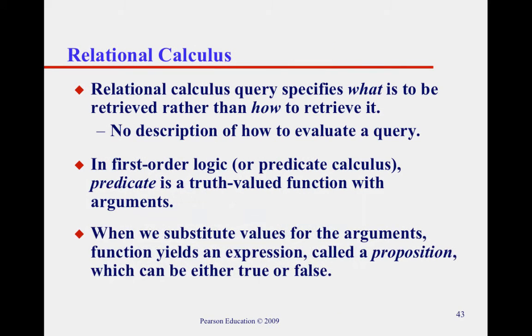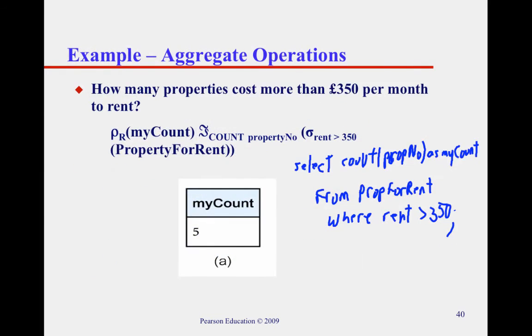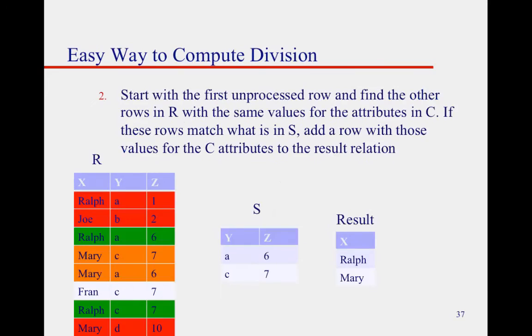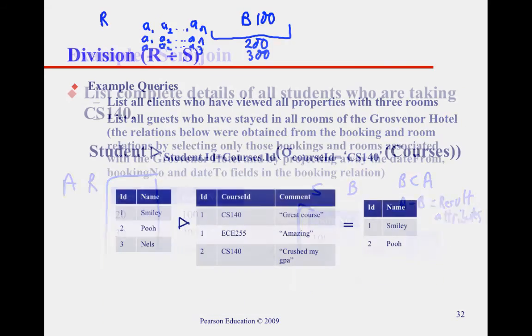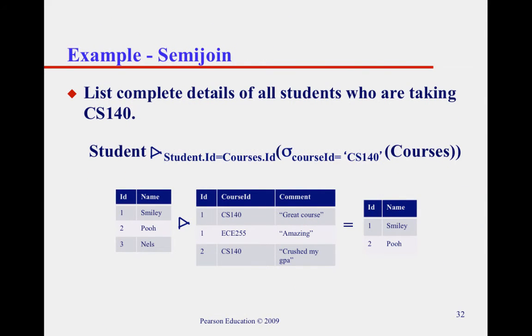Okay. So, we're done with relational algebra. Again, relational algebra is very procedural. It's telling you, in many cases, exactly in what order to perform the operations. So going back, here it's telling you perform the selection first, then do the semi-join.